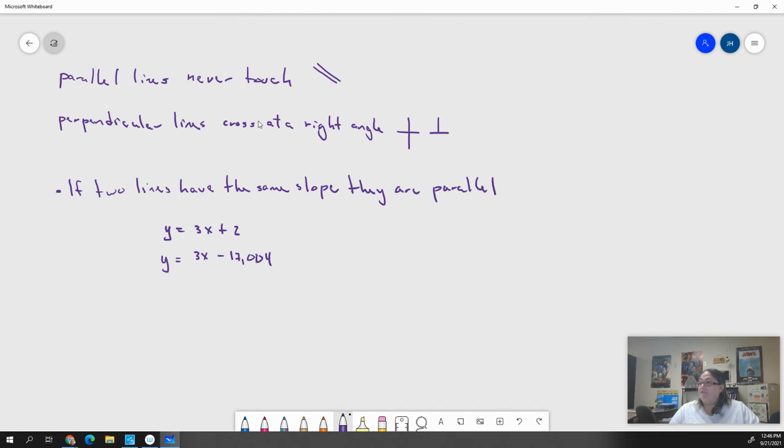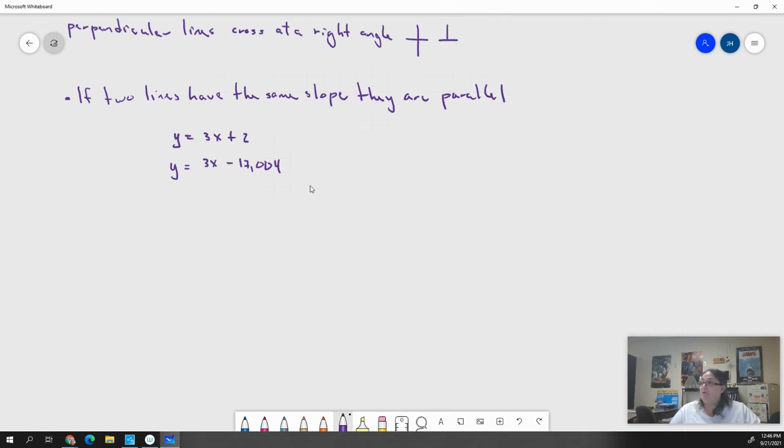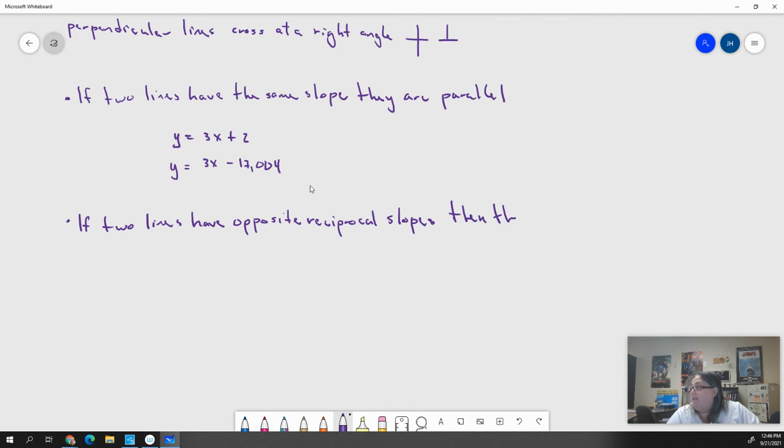Right? If two lines have opposite reciprocal slopes, and I'll explain that, then they are perpendicular.